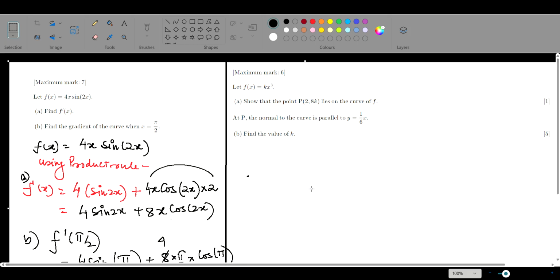I put the next question on the board. This is a very easy question. The normal equation is given to you, and you need to figure out the value of k.